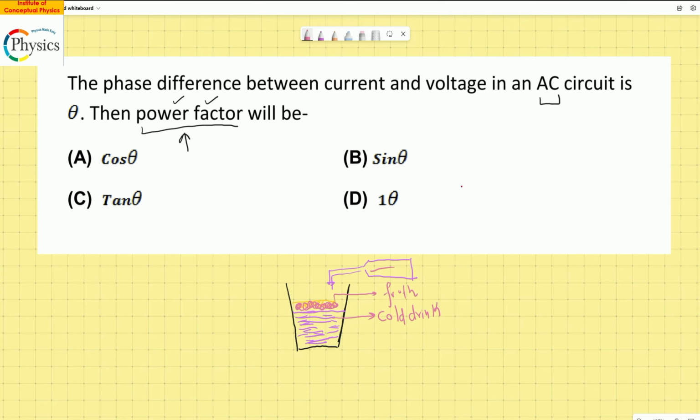Now tell me one thing, which is the useful part of the whole drink? You started with cold drink, and then the cold drink got divided into two parts: the froth and the cold drink, which is the useful part. Obviously, the useful part is the cold drink. This is useful, this will taste good.